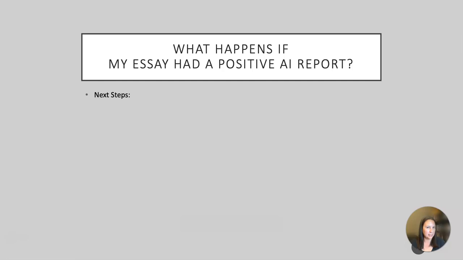So what happens if my essay had a positive AI report? Okay, so I want to start off by calling out the egregious cases. What I mean by egregious cases is the reckless, obviously academically dishonest, absurd sorts of cases.